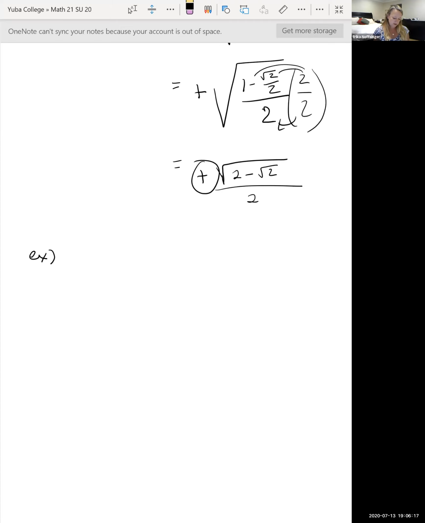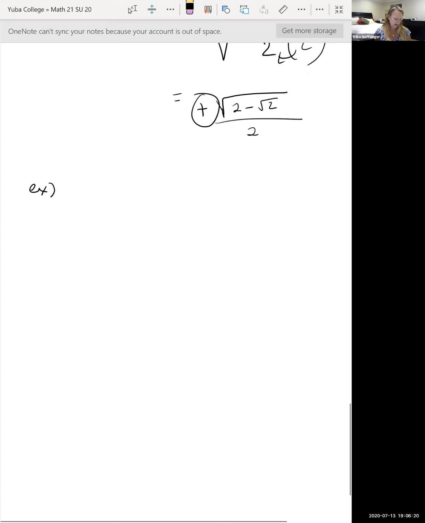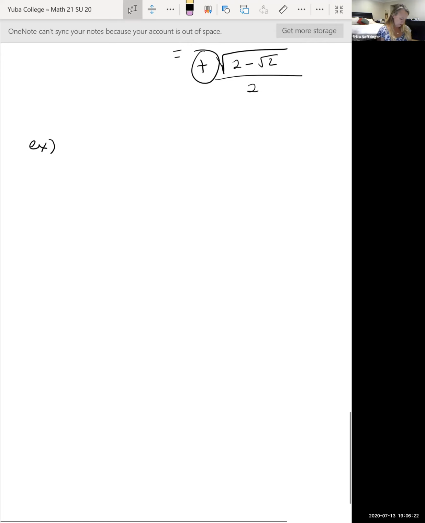So you should be able to jump and give the following. If you're given your trigonometric functions or multiple trigonometric functions, which quadrant you're in, and then it's asking you to find the exact value of a trigonometric function and its sum of two angles, or the double angle, or the half angle, you're just going to use your formula.